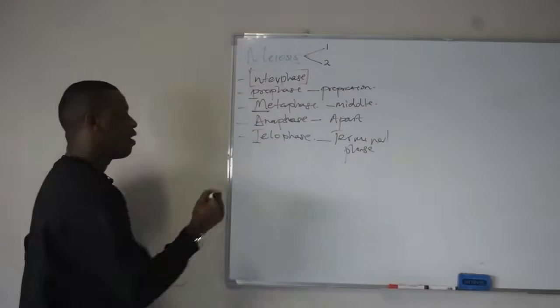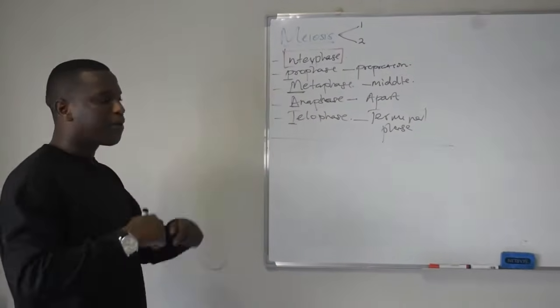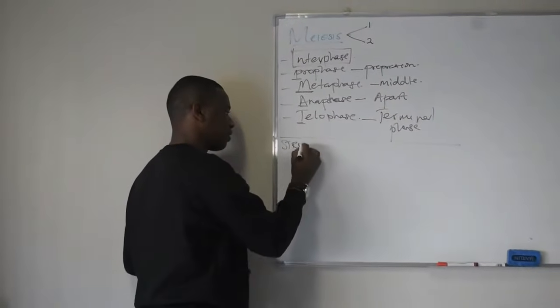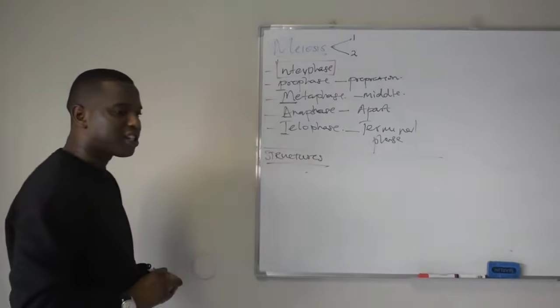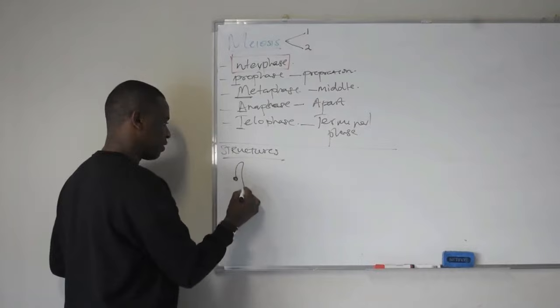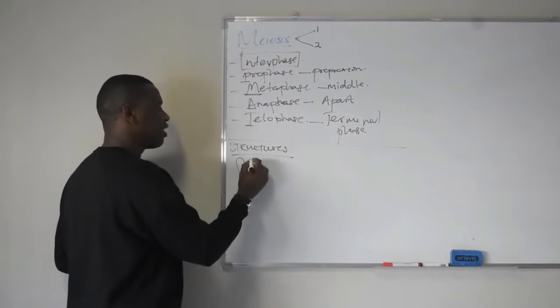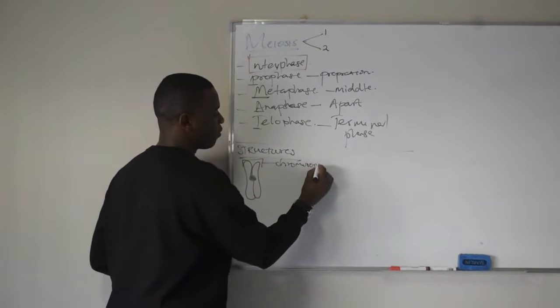So now, there is one thing that is important: structures. Before you even start the phases, structures. Now, what structures are we referring to? The first one is going to be this. So this is known as what? A chromosome. Right.